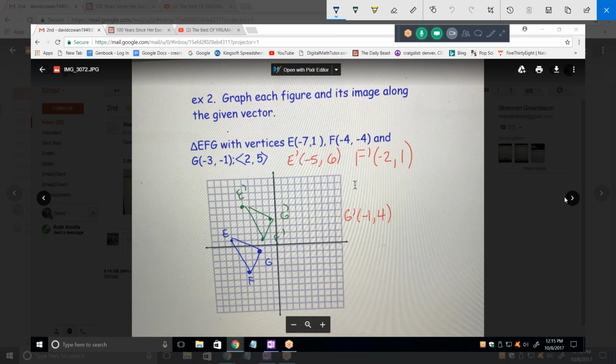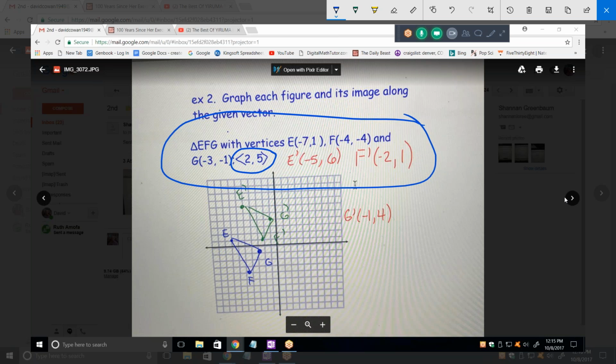Here's what we're looking at: there are 3 points that are the vertices of the blue triangle. And then there's this, which is the translation vector.